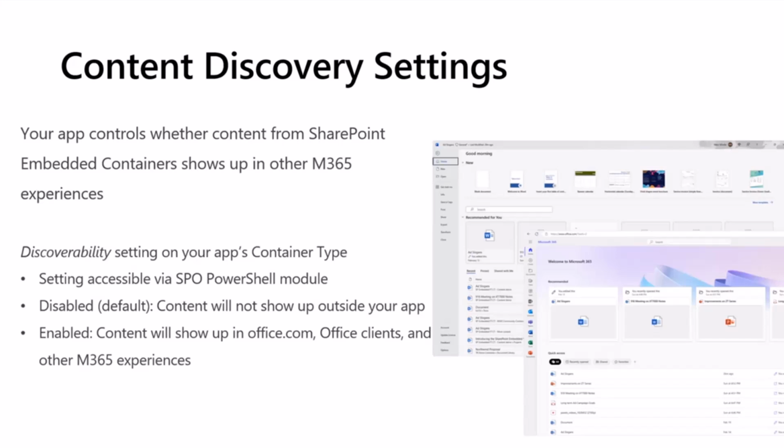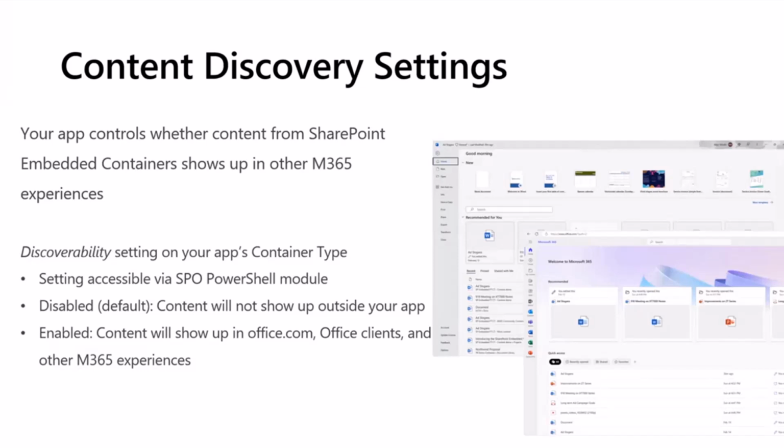A couple things also allow you to control some of the collaboration experiences outside of your app. So when you're building an app on SharePoint Embedded, I mentioned that your app gets to make file storage containers, and it gets to control all of the experiences of accessing content within those containers. So you can choose whether you want to open up this collab that we're showing. But one of the things that you can do if you want is also have that content show up in other M365 experiences. Now, it doesn't show up there by default, so it is disabled by default.